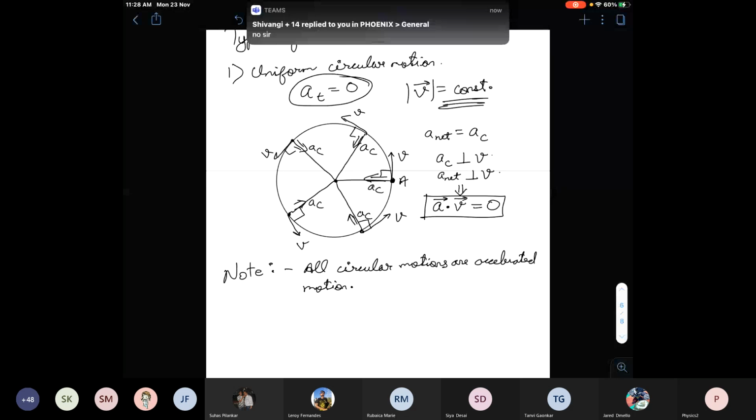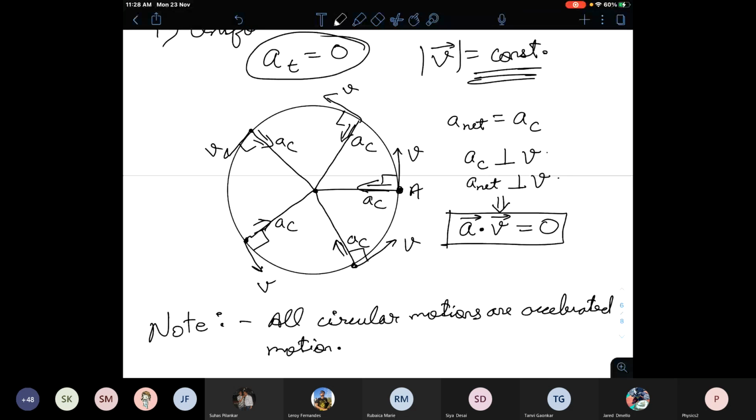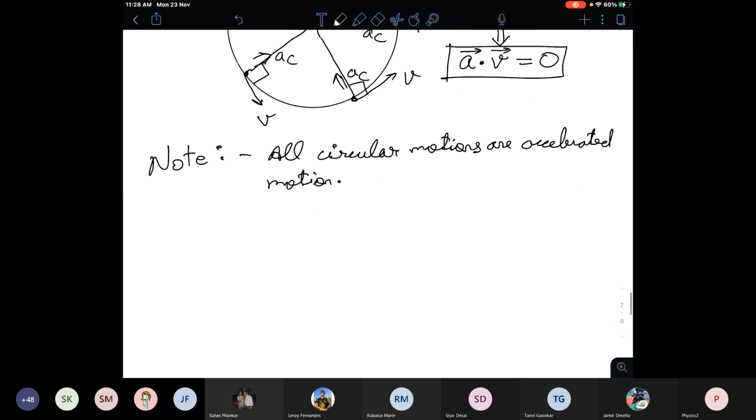So this was uniform circular motion. Next is your non-uniform circular motion. Okay, in non-uniform circular motion, what happens is basically that your a tangential is not equal to 0 this time.